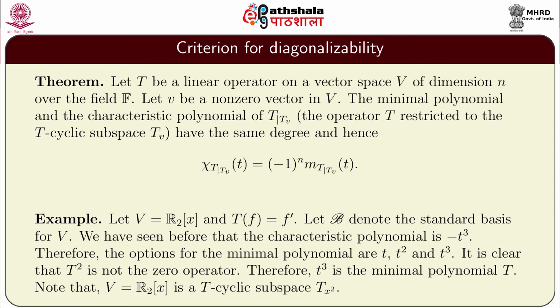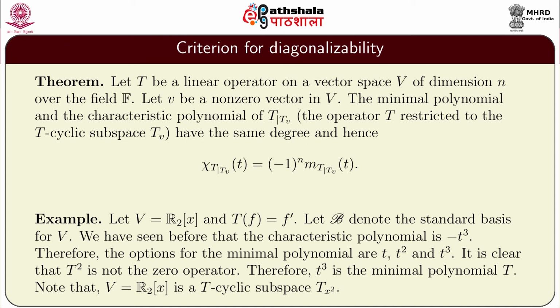Therefore, if t square is the minimal polynomial, then capital T square, that is the minimal polynomial evaluated at the operator T, must be the 0 operator.